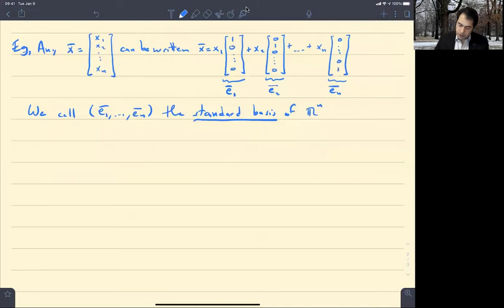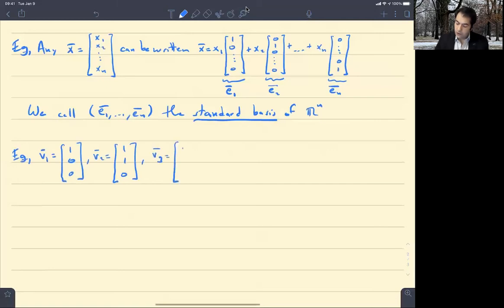Okay, let's do another example. Let's say that our vectors are v1 = (1, 0, 0), v2 = (1, 1, 0), and v3 = (2, 1, 0).